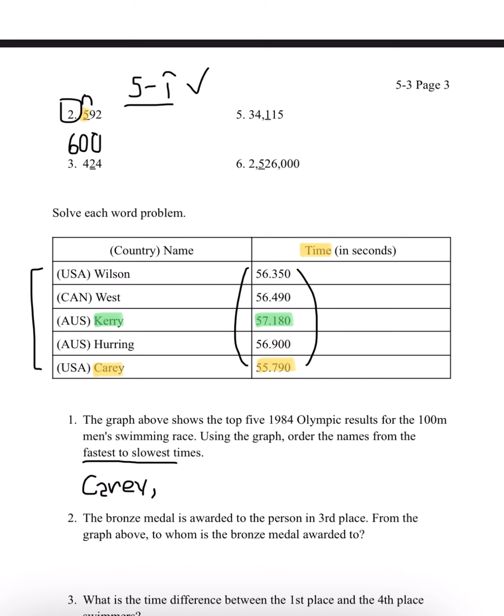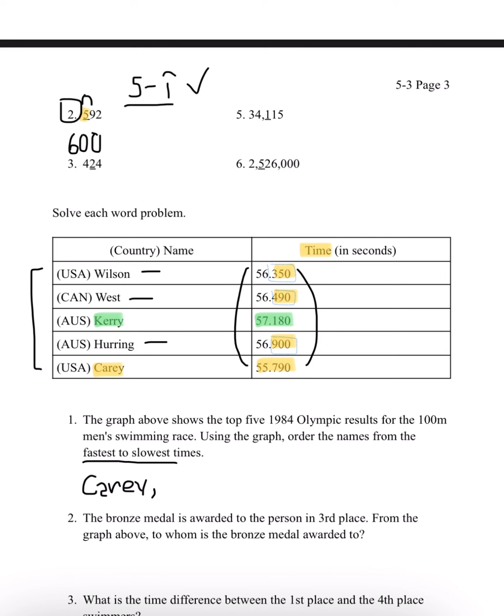Then after Carrie, we have to see Wilson, West, and Herring. So let's see who's the fastest after Carrie. We see that all three of them have 56, but we could just look at the number behind 56. So we see that the 900 is much bigger than the other numbers, right?